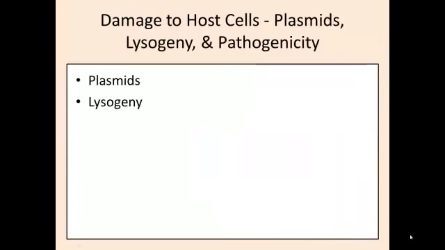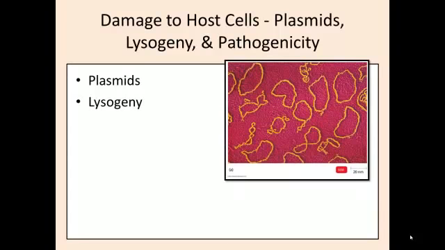Now let's talk about how pathogens get genes to make them more virulent, to make them stronger pathogens. Let's talk about plasmids first. You're familiar with plasmids. These are small circles of DNA that are outside of the bacterial chromosome. Actually, they show up in things other than bacteria, but we're going to stick to bacteria for this discussion. You remember that they're passed from bacterium to bacterium through conjugation. That is horizontal gene transfer.